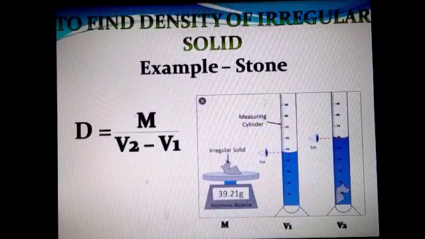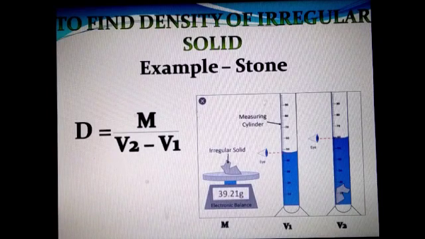But if the body is not a regular one, if it is an irregular solid, for example a stone, in that case the mass is found by an electronic balance. Then how to find the volume?